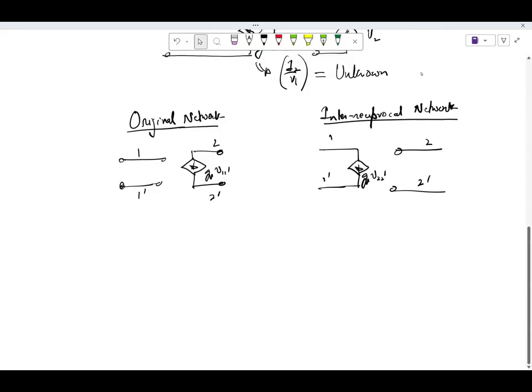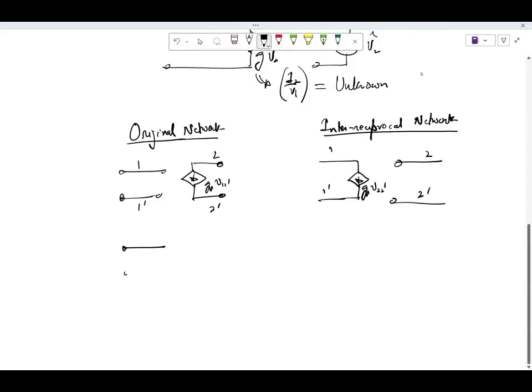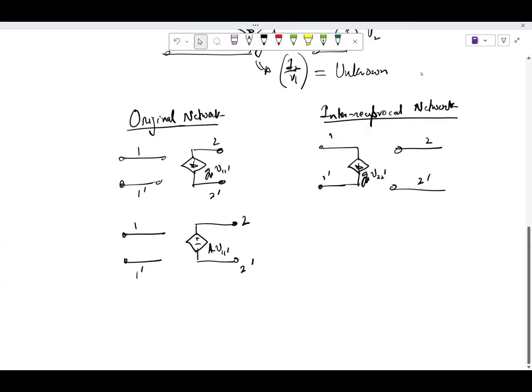Right? Similarly, if we have a voltage controlled voltage source, this we saw in the previous lecture. This gets converted into a current controlled current source, right?